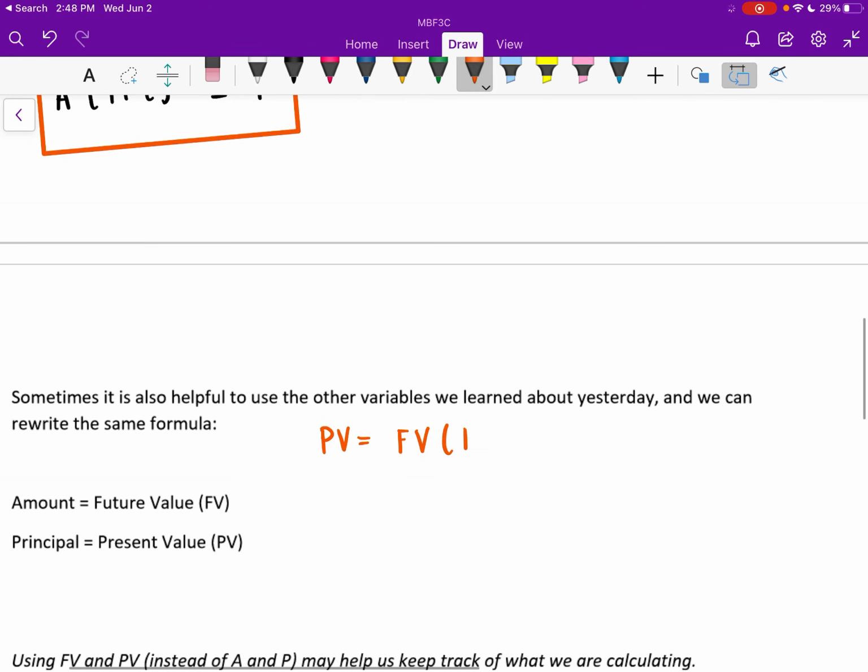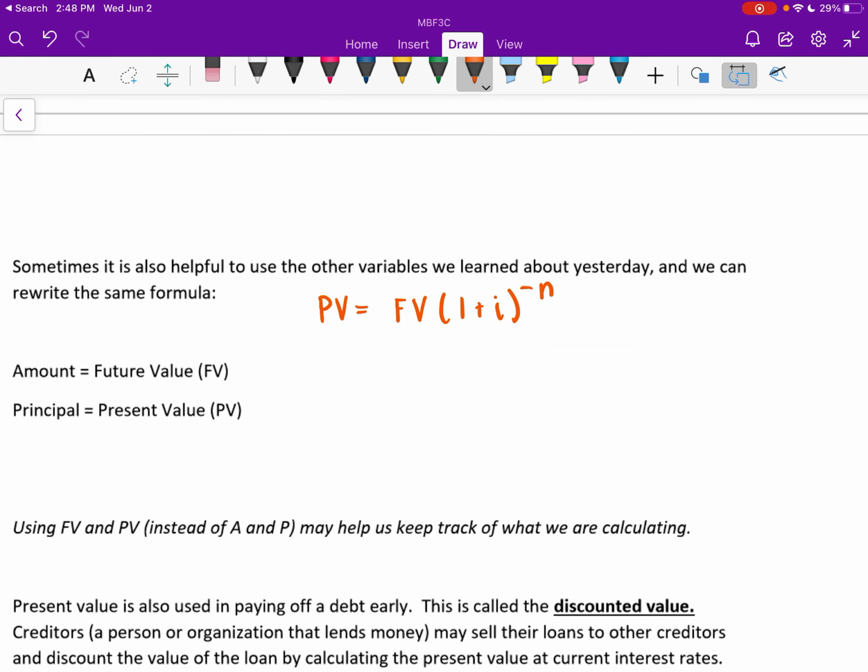Times (1 plus i) to the power of negative n. And it's almost identical to if I had written this as future value is equal to P(1 plus i) to the power of n. It's just your n now is negative when you're trying to find the present value instead of positive when you're trying to find the future value, which makes sense. If you're going back in time, your n is just going to be negative. Right? That's how I like to remember it.